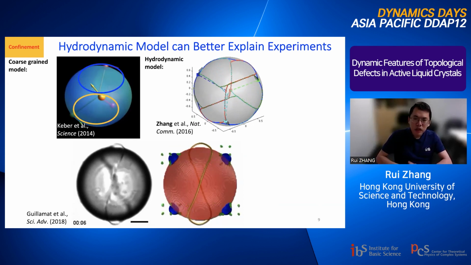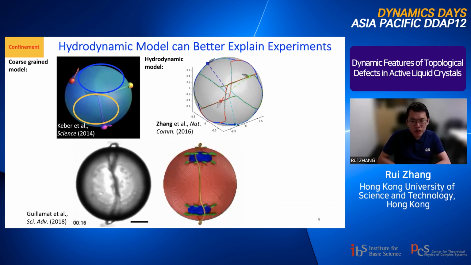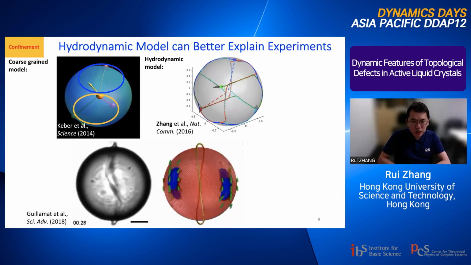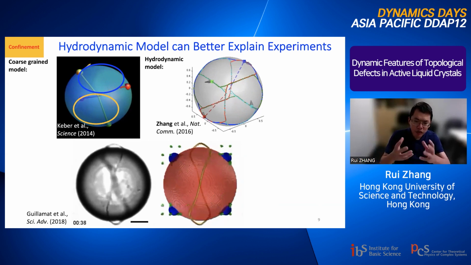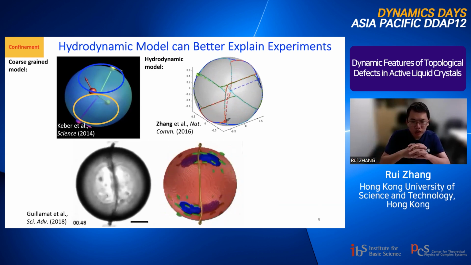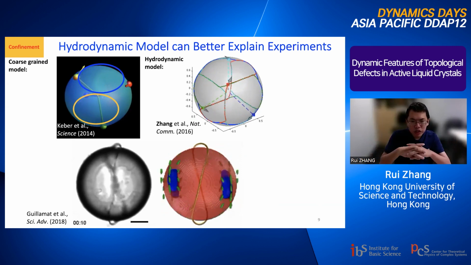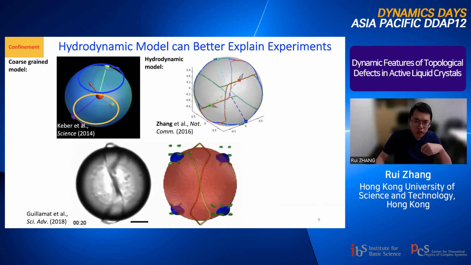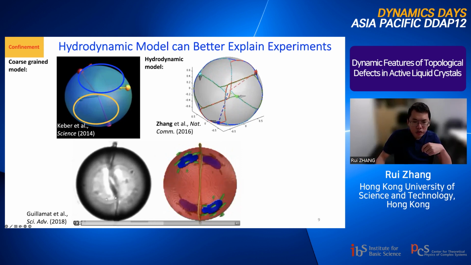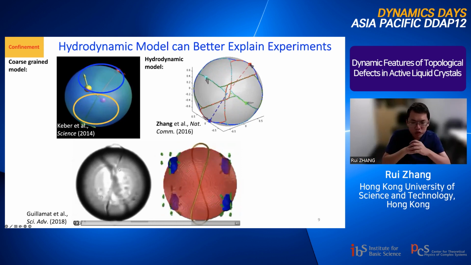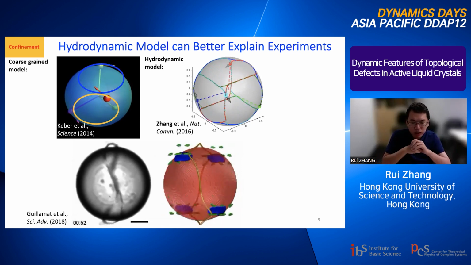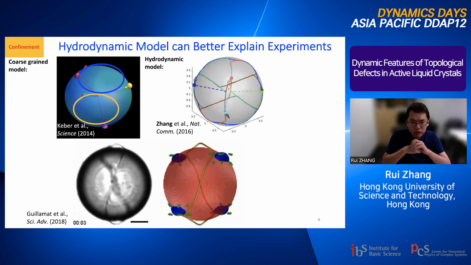And there is a follow-up work, which is a slightly different experiment. We still have these 4 defects working on the sphere, but outside of the droplet, we have another liquid crystal. And this liquid crystal can generate a defect ring. And this defect ring is dancing back and forth due to the hydrodynamic flow that is generated by the defects.